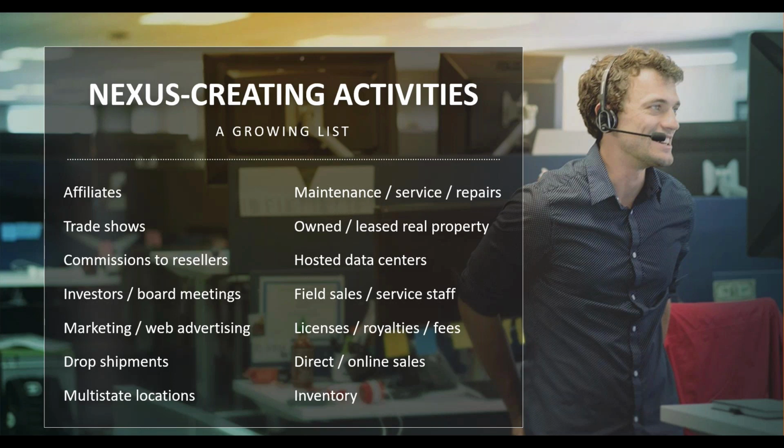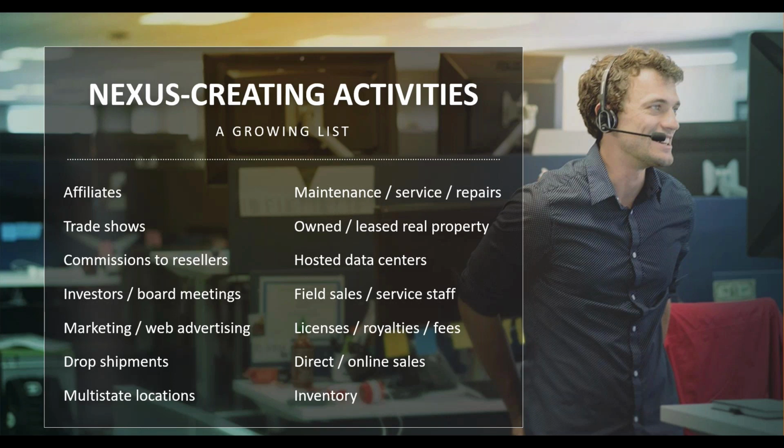But 99% of the time, if you have boots on the ground, if you have inventory, if you're traveling into other states, if you have contractors, real property, multiple locations, these are the reasons why businesses have to get registered outside of their home state. Some states consider drop shipping, which you'll see on there, as a nexus building activity, and some don't. But each state is specific, right?